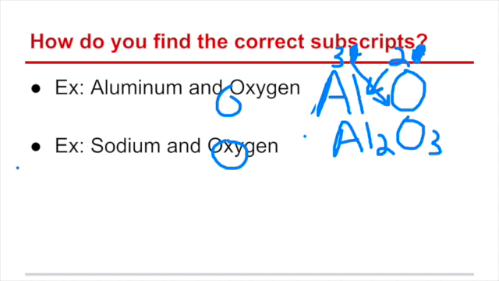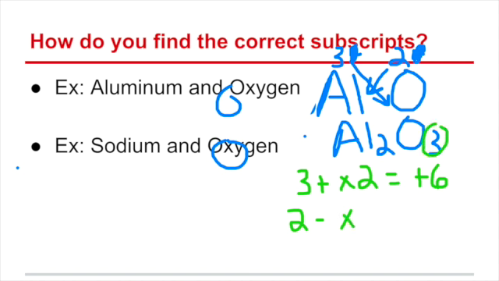So let's see if those charges balance out. We know that aluminum is a 3 plus charge, and there are 2 of them, so we get a plus 6 total charge. The oxygen has a 2 minus charge times there are 3 of them, so we get a minus 6 charge.